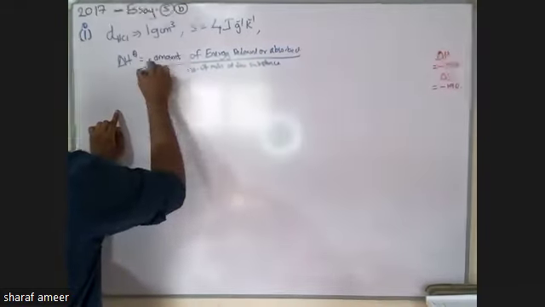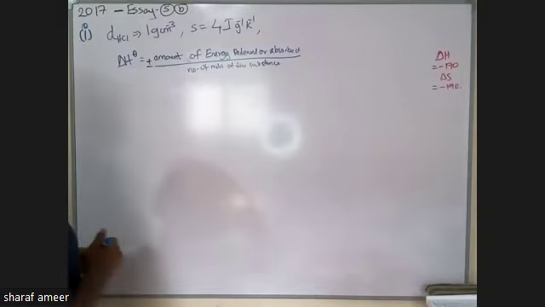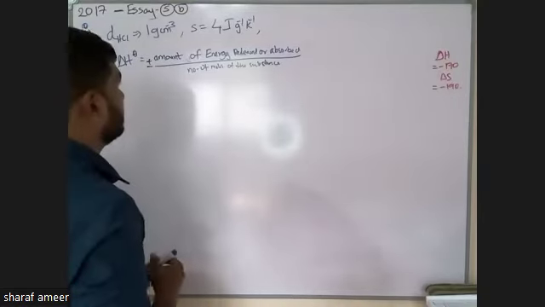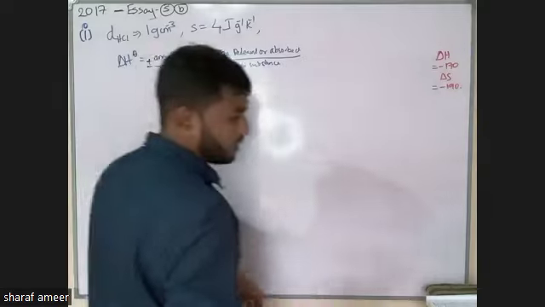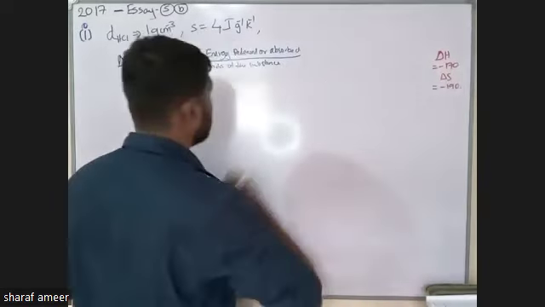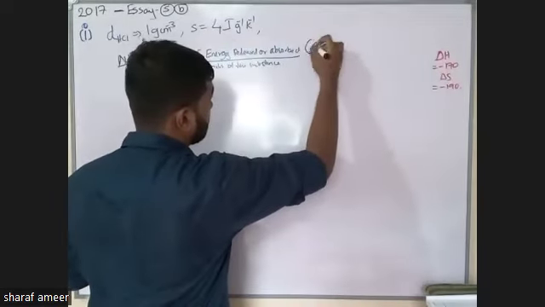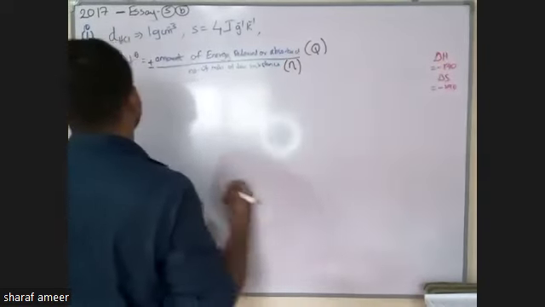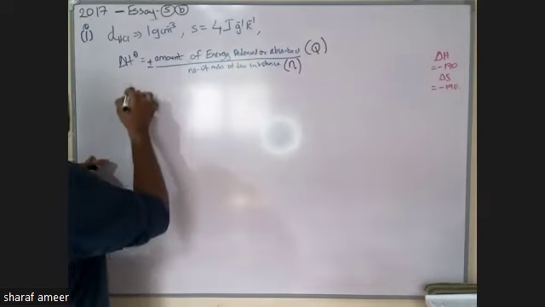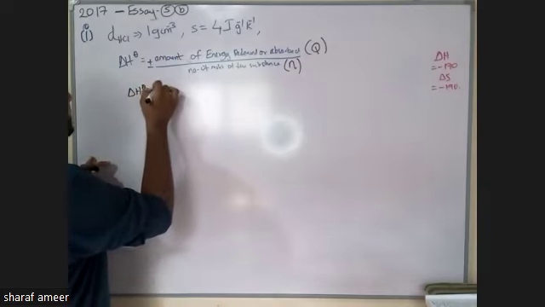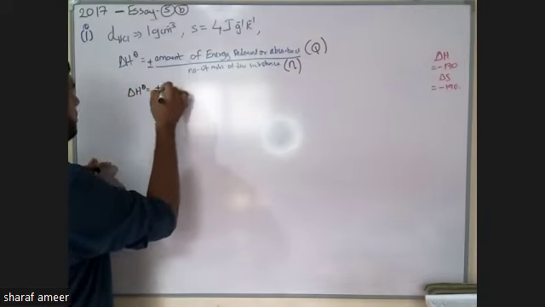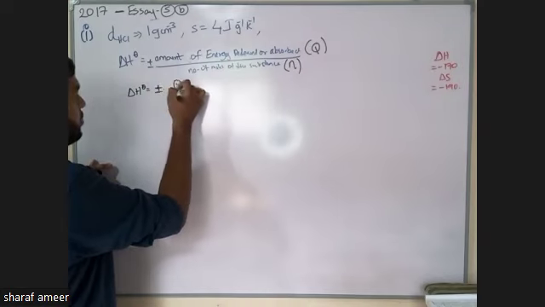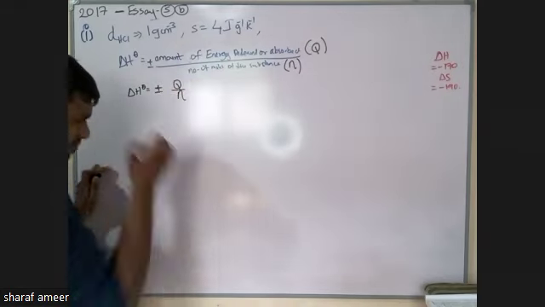It can be plus or minus here. Understood? So the amount of heat absorbed or released, you can give the symbol Q, and the moles as n. So delta H theta is equal to plus or minus Q over n.